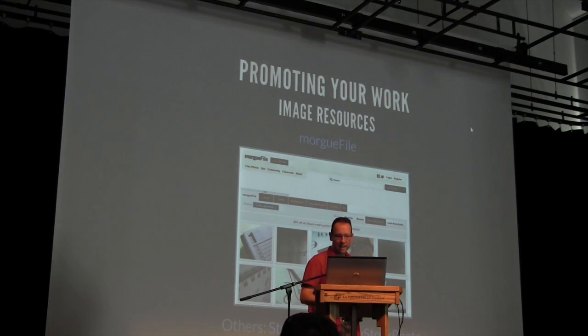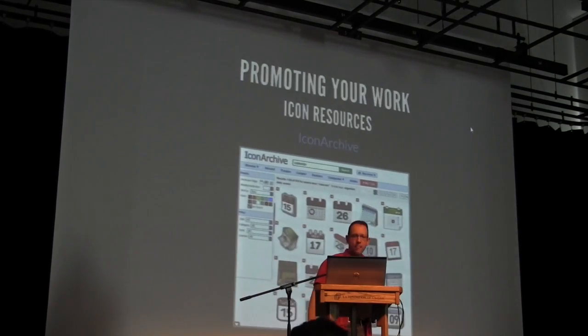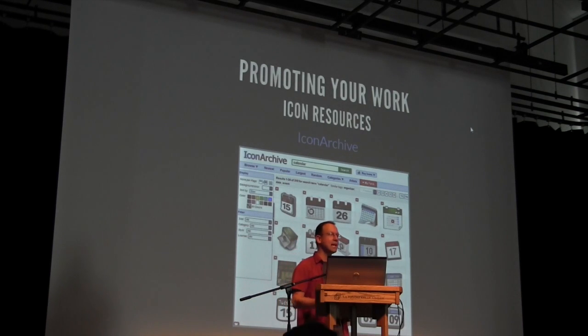I've provided a few other examples at the bottom of the slide here. Now, you also may need some icons as you're creating your plugin. So if you need, for example, a little pop-up to bring up a calendar, well, it might be useful to have a nice calendar icon on your site. And so Icon Archive is my go-to resource for any kind of icons. Not all of them are free, but a lot of them are.